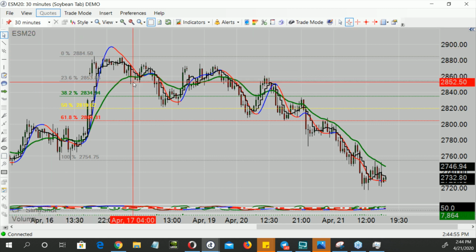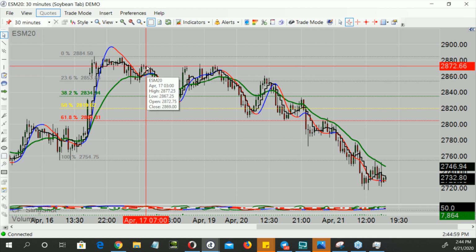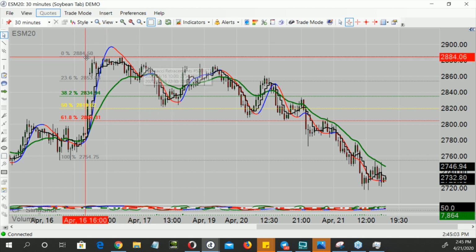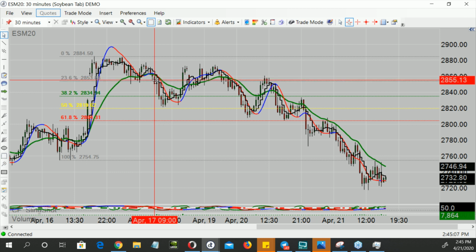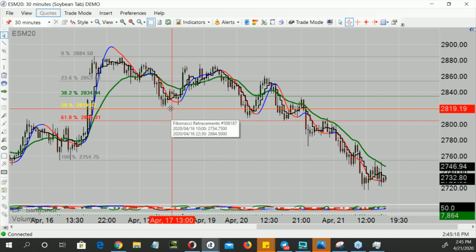Price bounces again off the 24% Fib, but this time buyers don't have enough of the right stuff to go all the way up and challenge the swing high. So we roll over and we come to the 38% Fib, where we linger for a moment and then we drop to the 50% Fib.